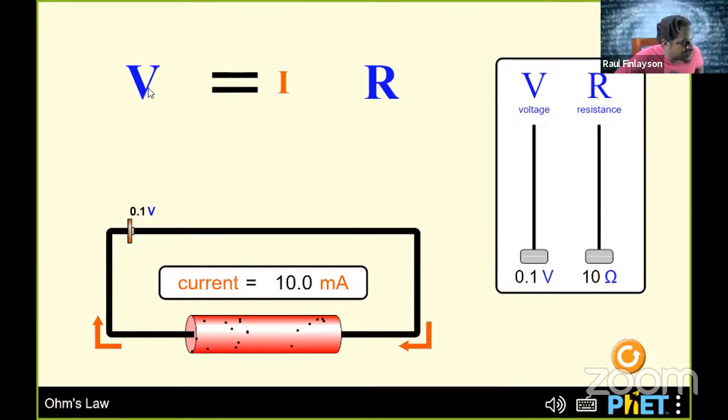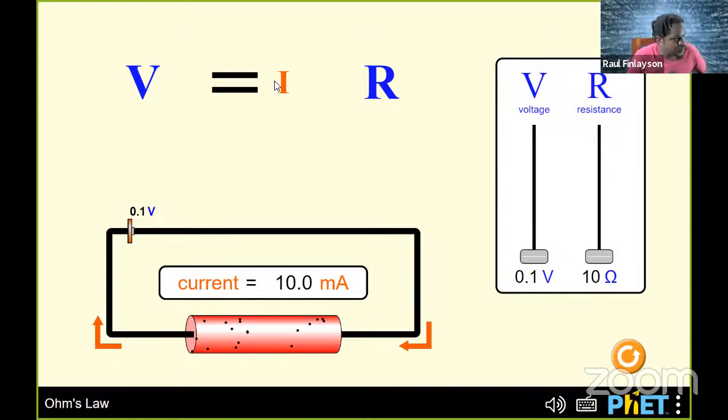Notice that these are in blue. This is showing you what is affecting the current. Current is in red to show that it's actually a responding variable here. So the current I, and the reason the symbol I is used for current is that I stands for intensity of current.